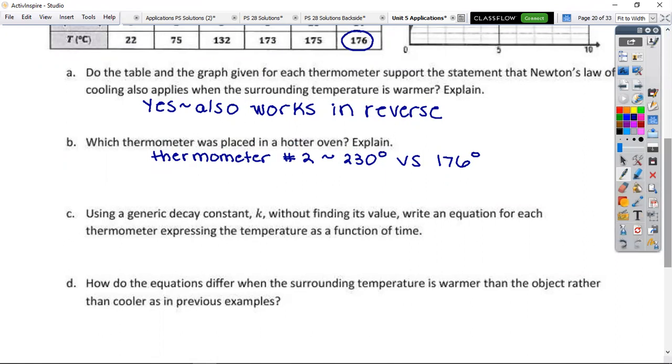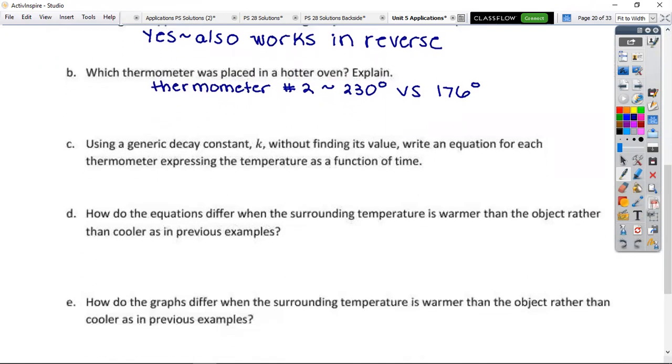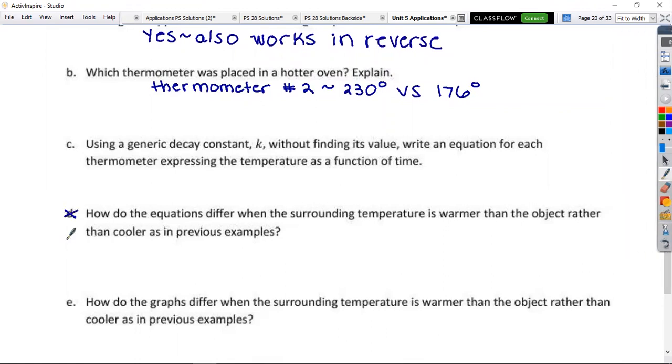Okay, so using a generic constant, write your formula. So formula goes, and do this too, because this was like a repeat. So you can use this space here for the other guy as well. So I'm going to go T of t equal to. I am going to begin here with my ambient temperature, which in this case is going to be your oven. So for the first thermometer, the oven was 176 degrees.